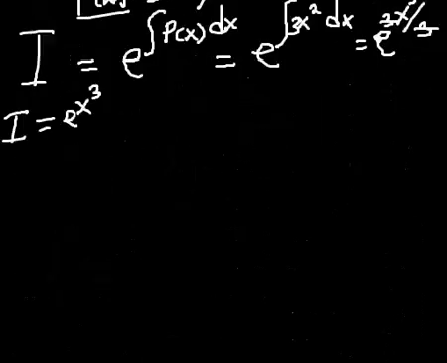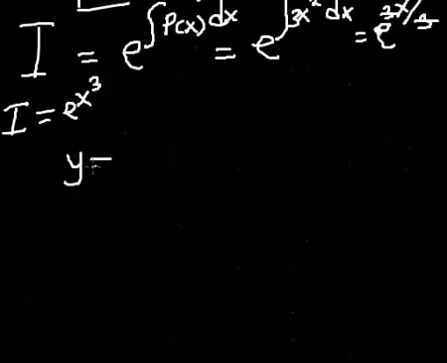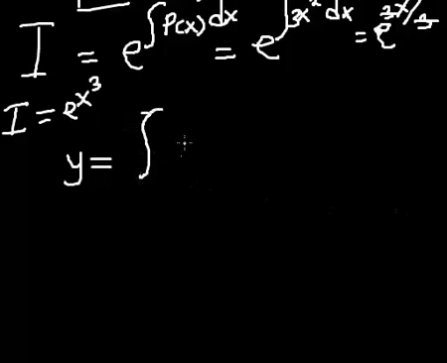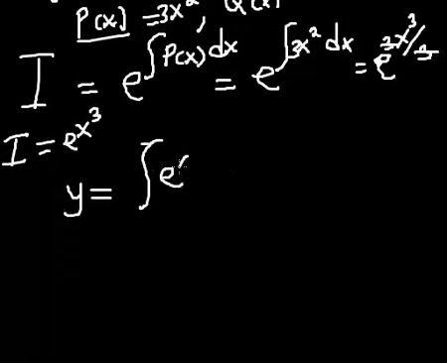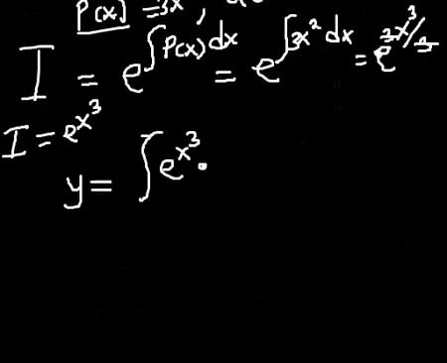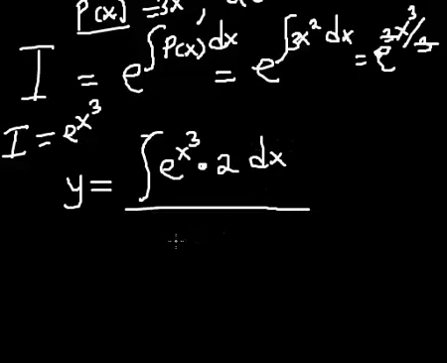Don't forget our formula. Having gotten that, the solution to my equation becomes the integral of I of x, which is e raised to the power x cubed, multiplied by Q of x, which is 2, with respect to x, divided by the integrating factor, e raised to the power x cubed.